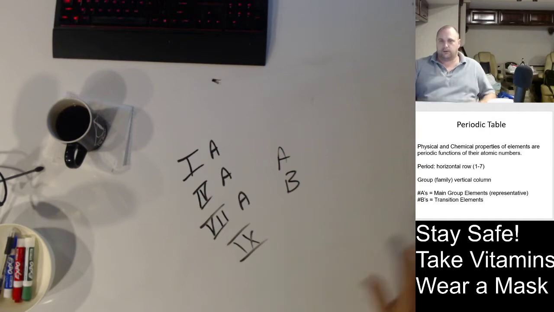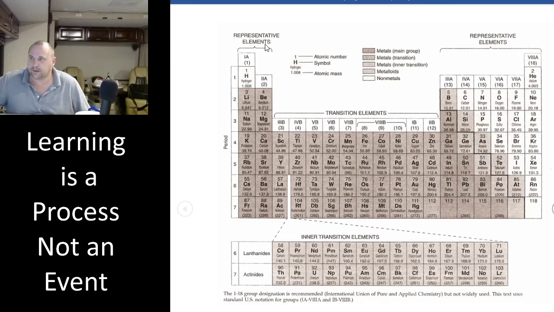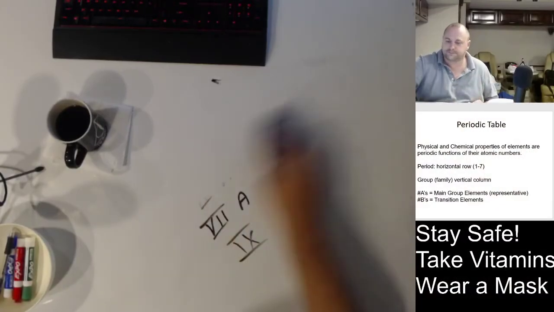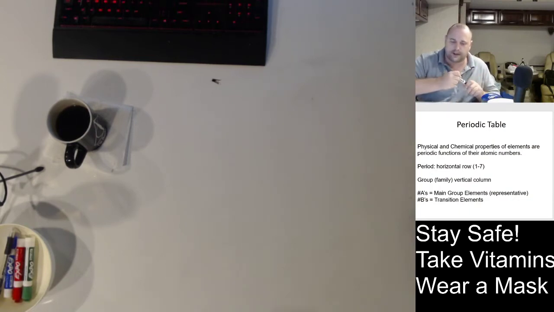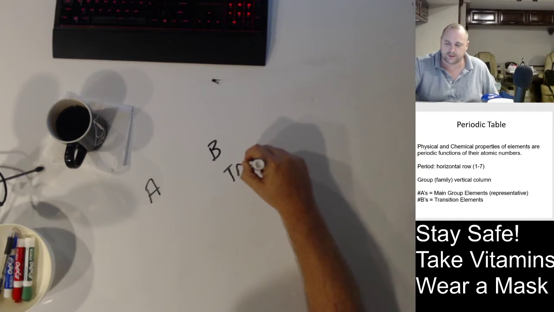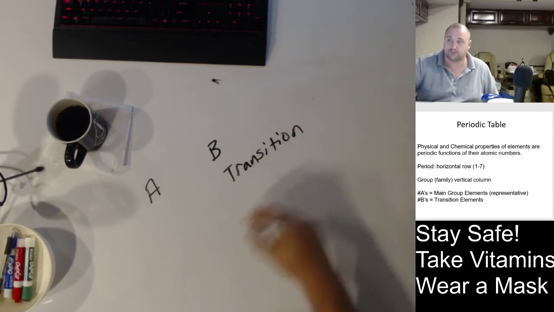And so when I look at my periodic table, I see this labeled representative elements and transition elements. And so that's our first kind of dividing lines. Now, what I usually refer to these, this A and B. So B is transition elements, or transition metals.